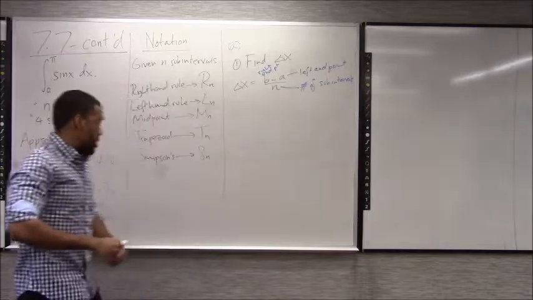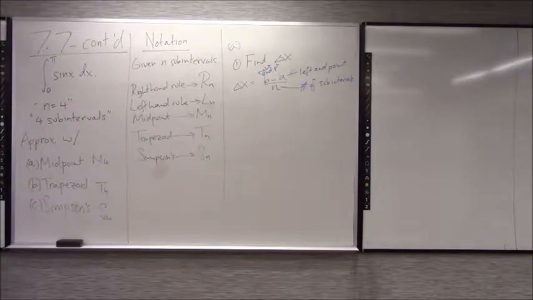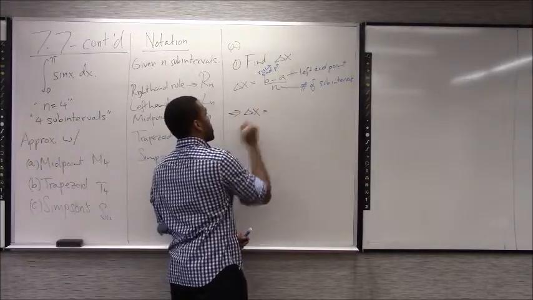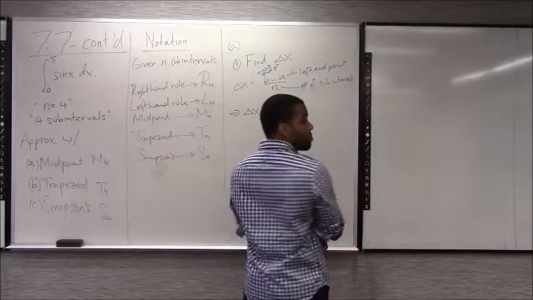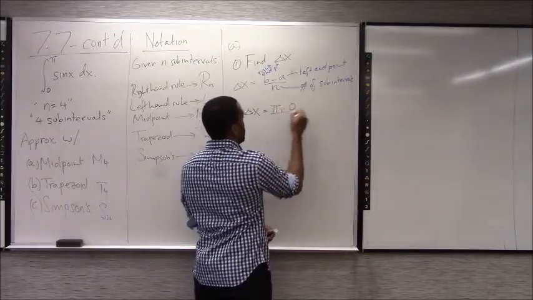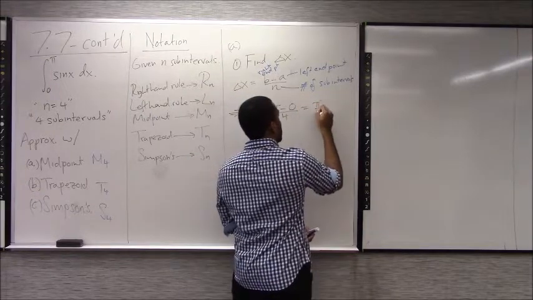So you can find your delta x. In this case, what is our delta x? Pi minus 0 over 4, so that's just pi over 4.